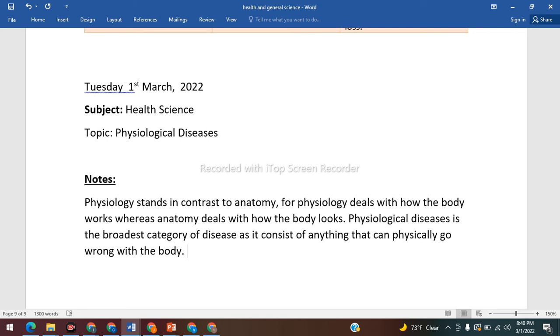Now, when we say anything that could go wrong with the body, we know the body is made up of different parts. So this means that we're talking about things that could go wrong with an organ. So kidney failure, liver failure, that's a physiological problem. This would include any organ or gland or cell or system.